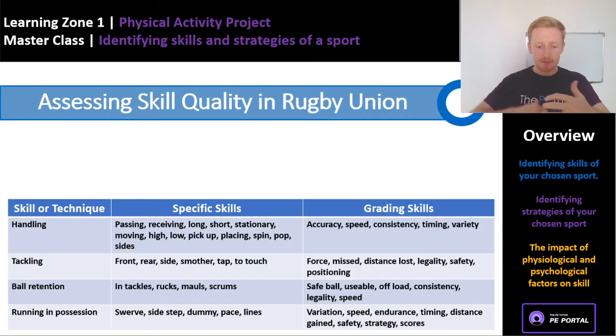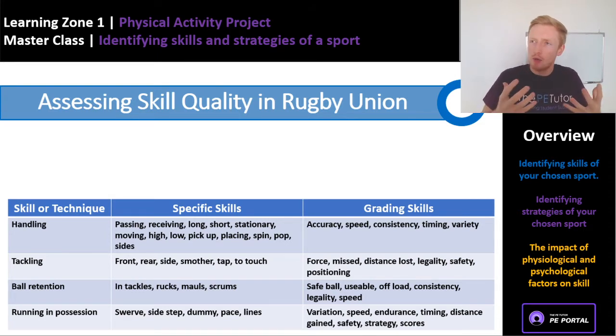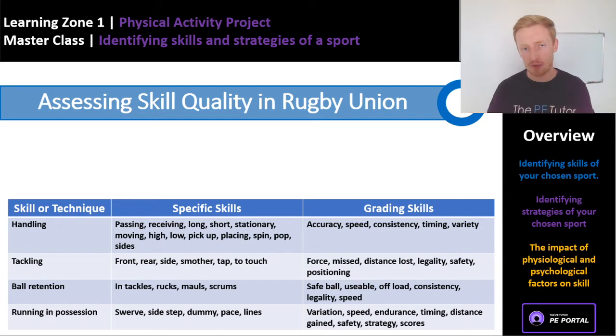The last part of identifying skills in sport is this idea of grading. Because it's one thing to witness or observe a skill, but it's another thing to then pass comment, to actually put an opinion on it. Is it low quality? Is it high quality? Well, how do we actually differentiate between a good performance, a great performance, and a world-class performance?